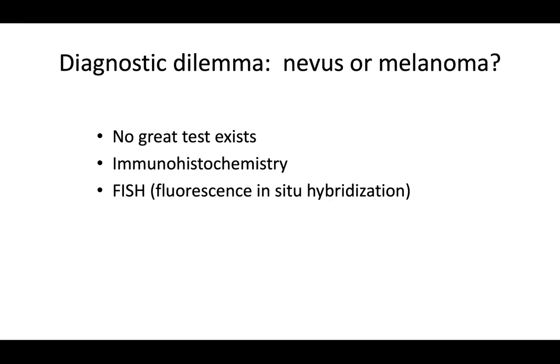We won't get into the ins and outs of fluorescence in situ hybridization. You could have a whole lecture on FISH, but it is important to know that it is an option, and to send to a laboratory that does validated FISH, to make sure that lesions of suspicion don't have a melanoma signature, gains and losses of important loci.